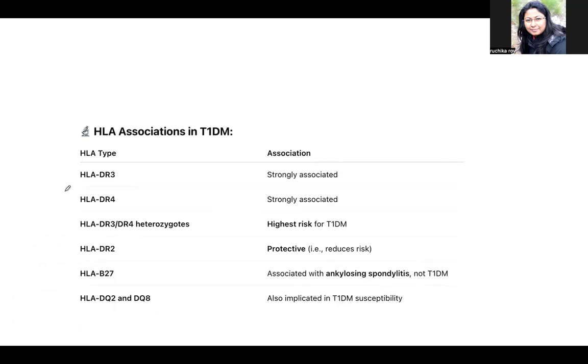Now the explanation. HLA-DR3 is strongly associated, HLA-DR4 is also strongly associated, and DR3 and DR4 carry a higher risk for type 1 diabetes. HLA-DR2 is protective. Note this, it is a very important point. HLA-B27 is associated with ankylosing spondylitis, not T1DM.